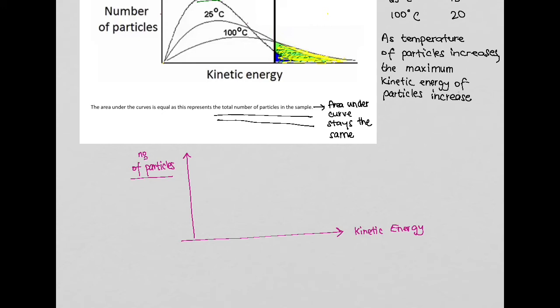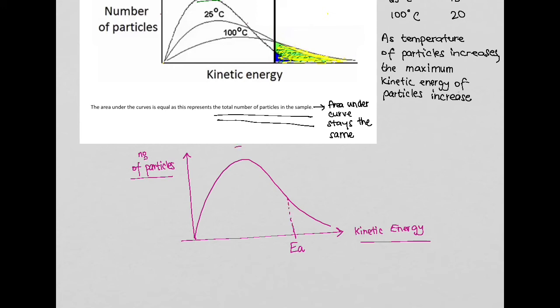Here you're going to have kinetic energy, or simply energy. And when you're drawing the first curve, it should start at the origin. It should not be symmetrical, and the shape should be like this. And you're going to mention the activation energy, EA. So you can show it like this.